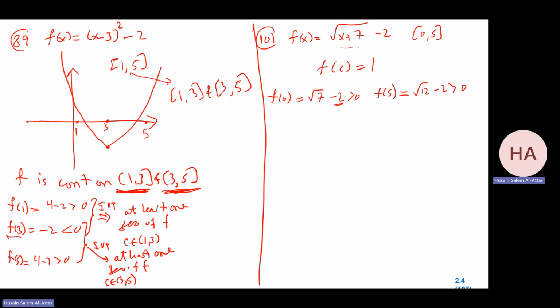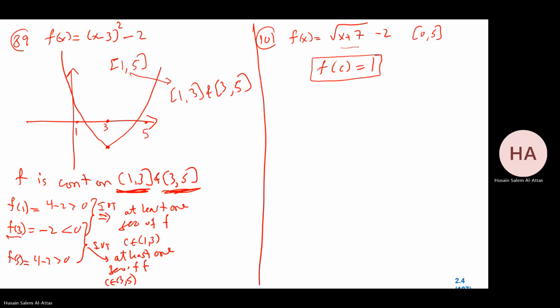So why is he talking about intermediate values here? What we did is not correct. Actually, he's looking for this equation: f of c equal to 1. So I'm looking for f of x equal to 1.